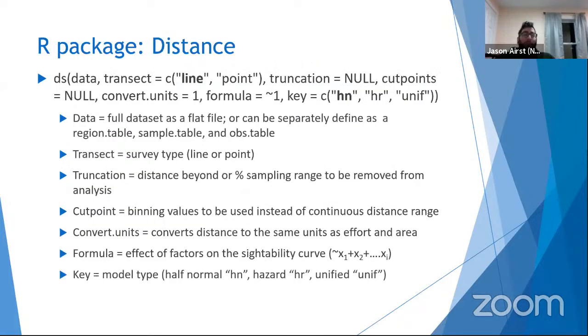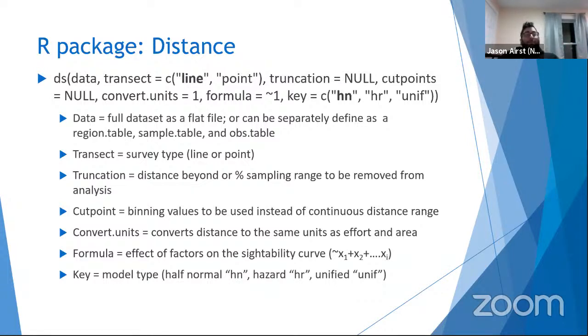So the package that I'm first going to talk about is a package called distance. In this package, the function used to run this type of analysis is ds. In this, the data line represents the name of your data set, either in a single flat file or in separate region tables, sample tables, and observation tables.